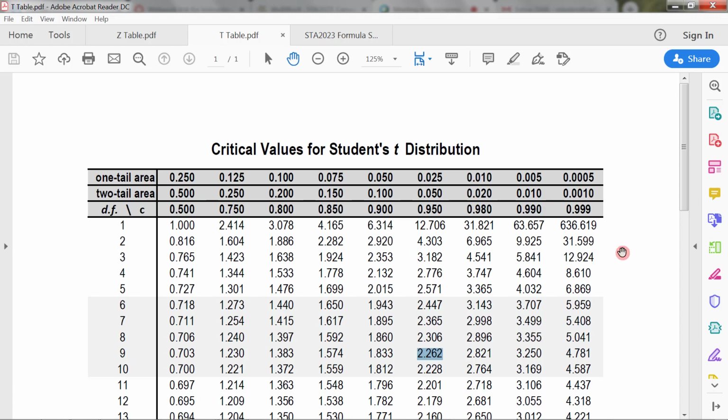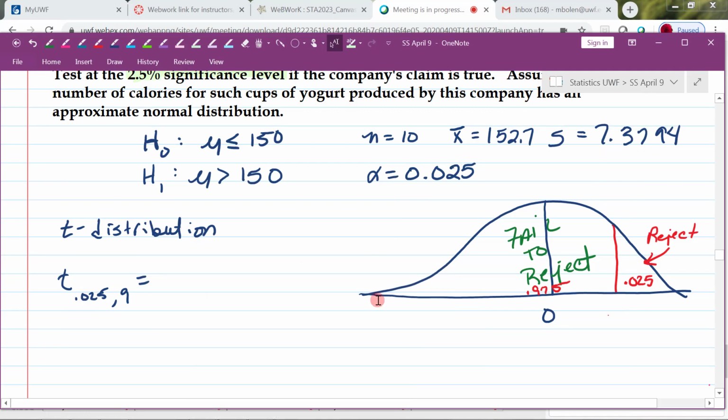Does everybody agree? So it's 2.262. So right here is going to be a positive 2.262. Okay, anybody who's listening, just say I agree or I don't.